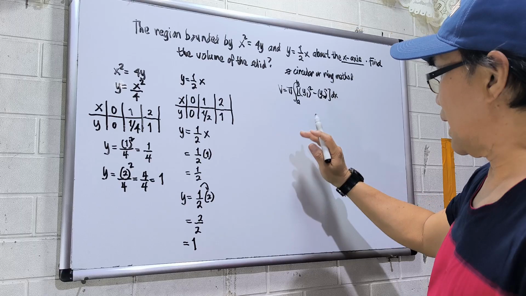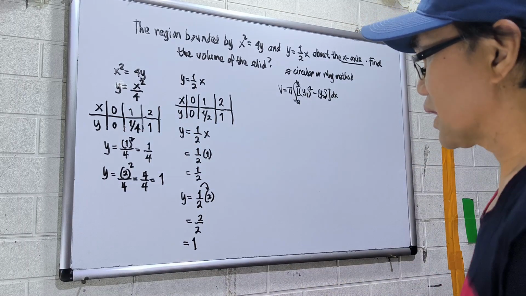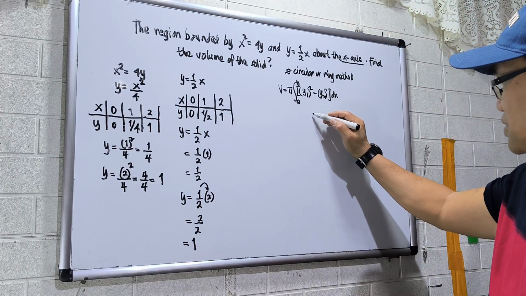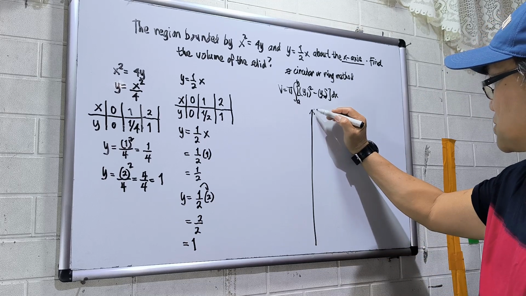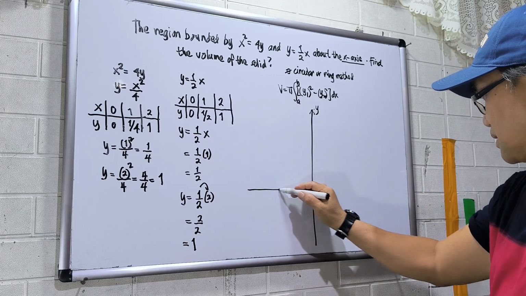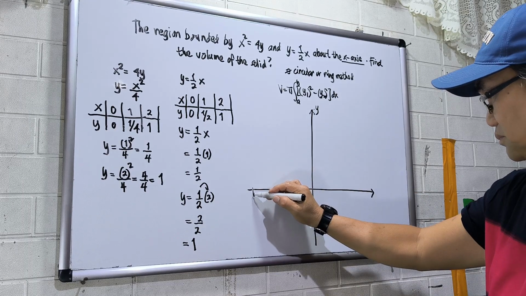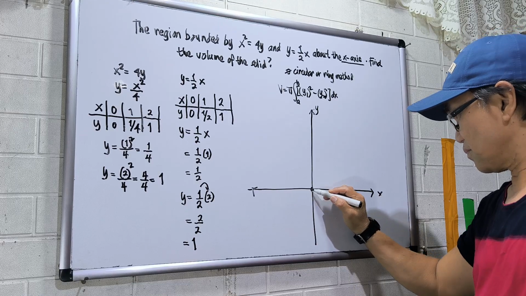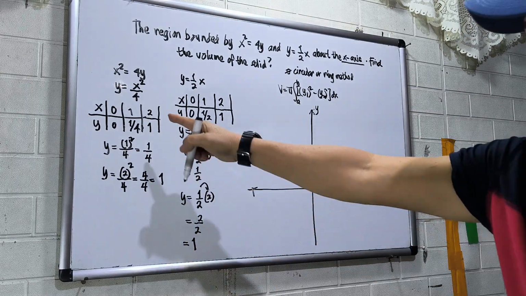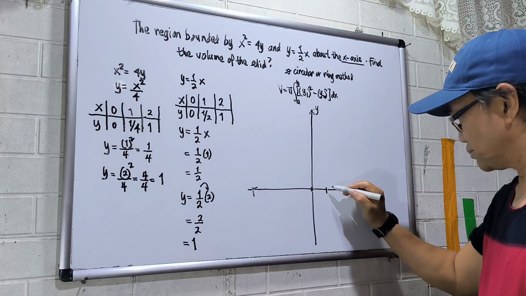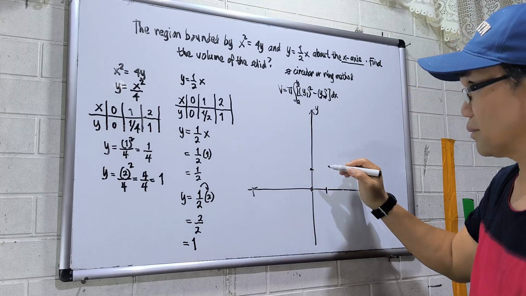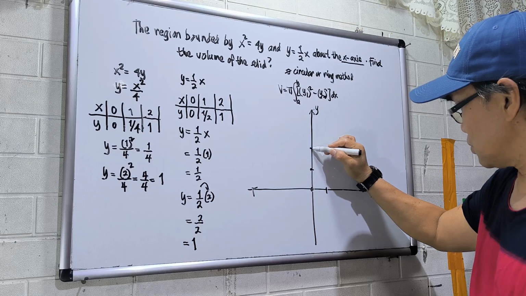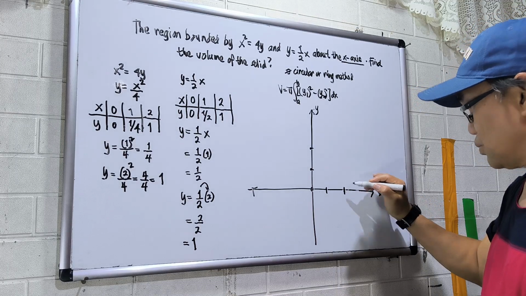Okay, so I will plot first the points in the Cartesian coordinates. So this will be y, and then this will be x. So 0, then 1, then 2.